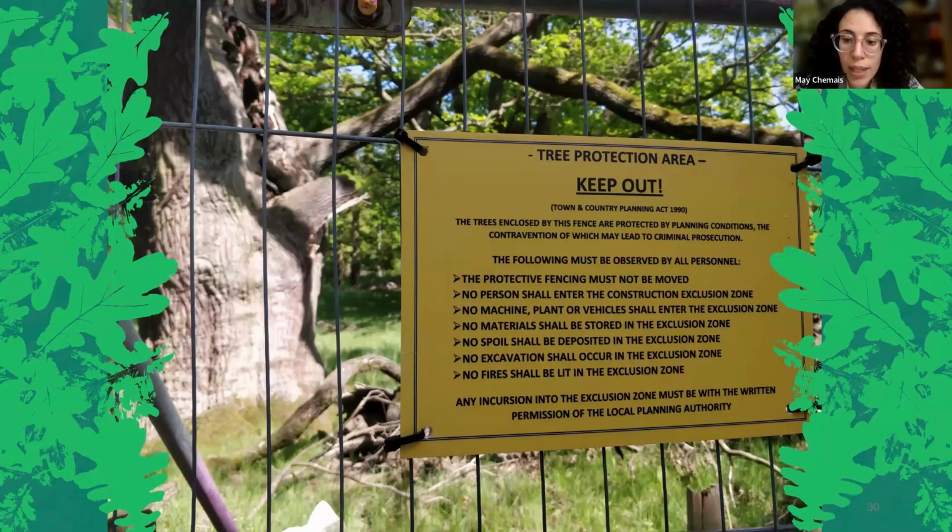We also have the National Planning Policy Framework, which only applies to planning applications. Planning permissions might be required to protect trees, but the National Planning Policy Framework doesn't really have very conclusive or decisive language.